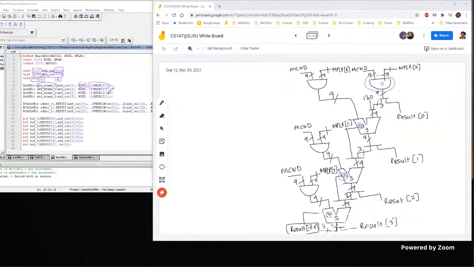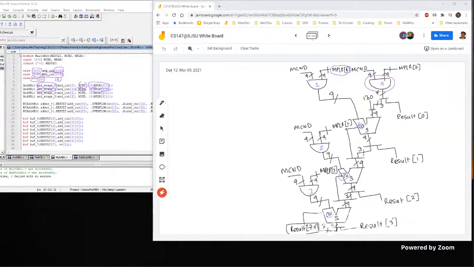The second one, number 1, is the replication of multiplier 1, 4 bits, ANDed with the multiplicand. Similarly, the third and fourth ANDs are the same way.